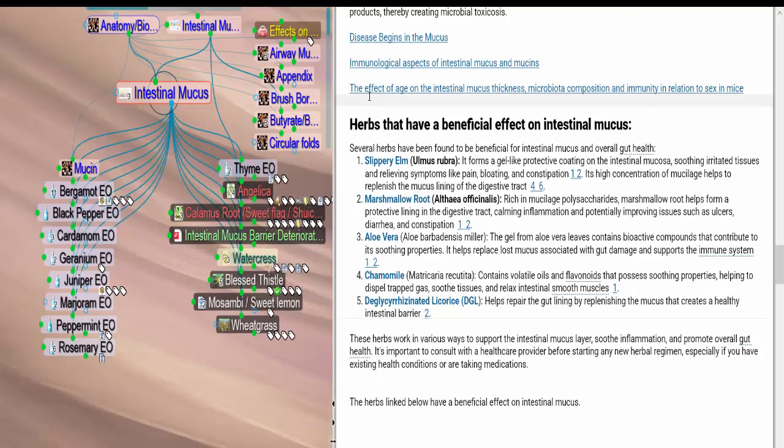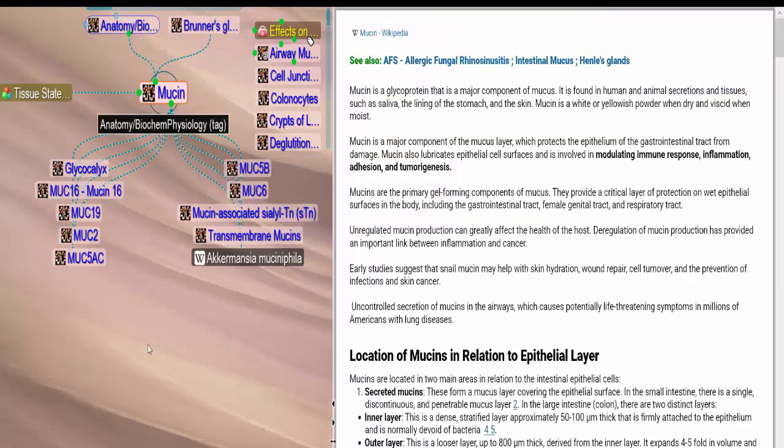Okay, let's look at mucin. That's one of our tiles. That's a glycoprotein, as I already mentioned, and it's a major component of mucus, found in human and animal secretions and tissues, such as saliva, the lining of the stomach and skin. It's a major component of the mucus layer, protecting the epithelium of the gastrointestinal tract from damage.